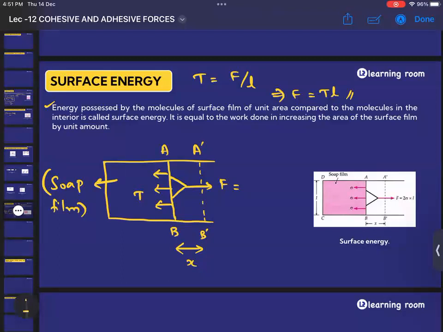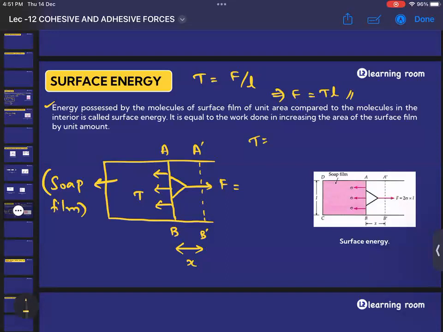For us to calculate work done, what do we need? There are two parameters required: one is force and one is displacement. If I am able to find those two, I'll be able to calculate the work done. Here, surface tension is actually not the force, though the word tension comes.